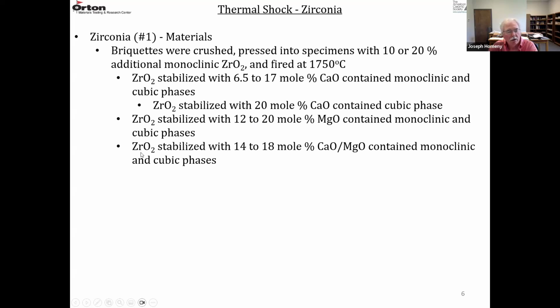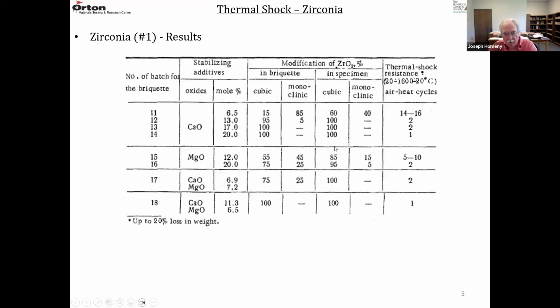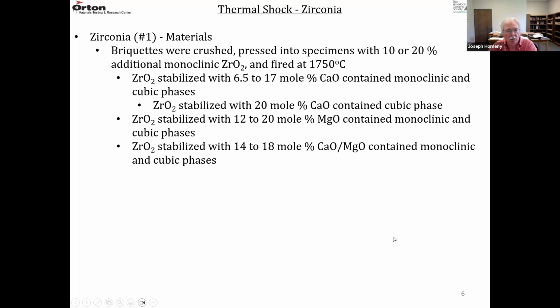And the same for the zirconia stabilized with the lime magnesia combination, anywhere from 14 to 18 mole%. Again, contain both monoclinic and cubic. So they're just trying to increase the monoclinic content because in the firing process here, they pretty much went to cubic or low monoclinic contents in this first experiment.